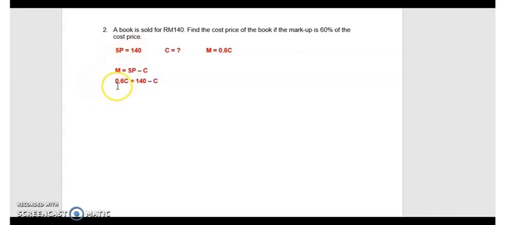Okay, now here you have 0.6C, here you have C. So you collect the like terms, or you collect C. Okay, so make C the subject. 0.6C, so negative, bring to the left hand side becomes positive, plus C equivalent to 140. Okay, C means 1C. So 0.6C plus 1C is 1.6C, equivalent to 140.